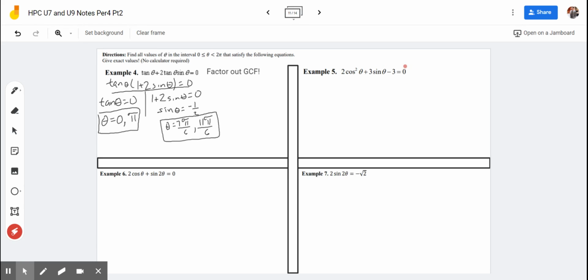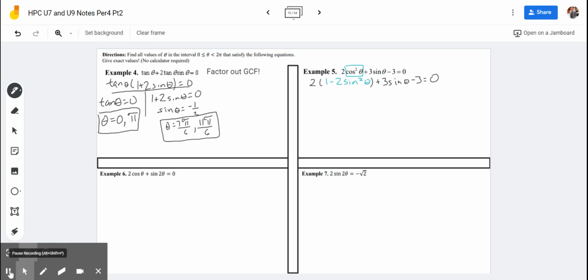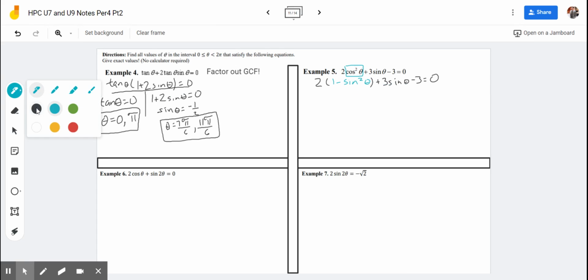So I'm going to take a second and rewrite that term. I just boxed in the cosine squared, and using the Pythagorean identity, it should be 2 times 1 minus sine squared, replacing cosine squared. So 2 times 1 minus sine squared theta plus 3 sine theta minus 3 is equal to 0.